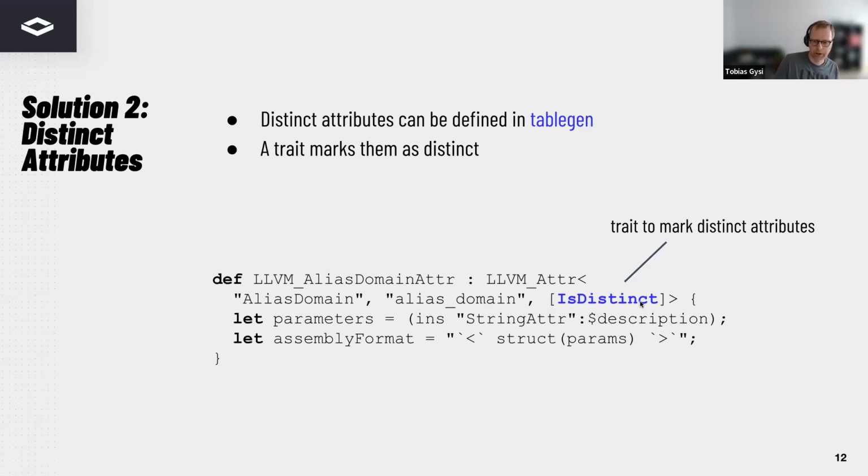So instead of changing the alias domain with this distinct trait, which could just have here a distinct ID or something in it. And this would be sort of built in, I guess, then. So users would not be able to construct their own distinct attributes. They would just use this to make them distinct. Yeah.